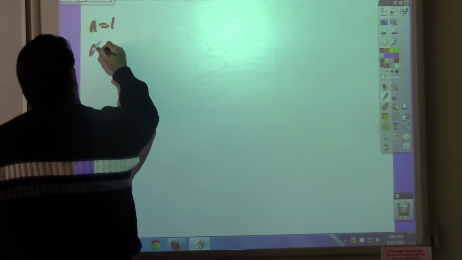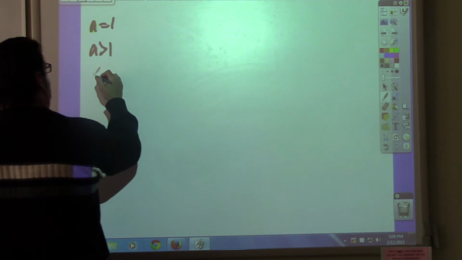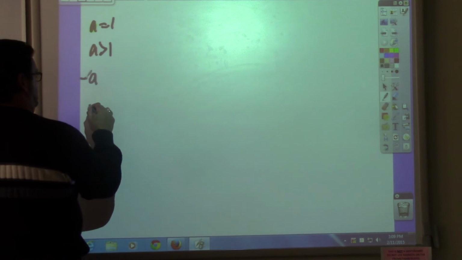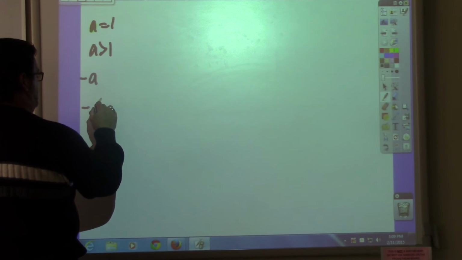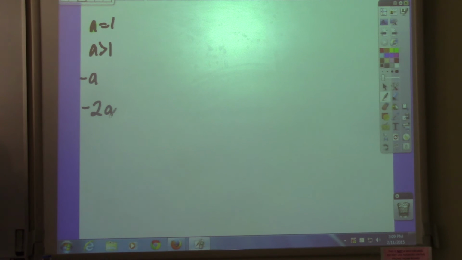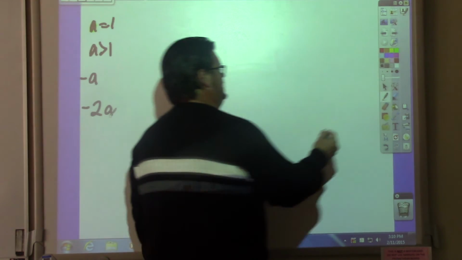We've talked about A being greater than 1. We've talked about A being negative. We've talked about a negative number in front of the A and factoring it out. So what if A is a fraction? You erase it. Good job.